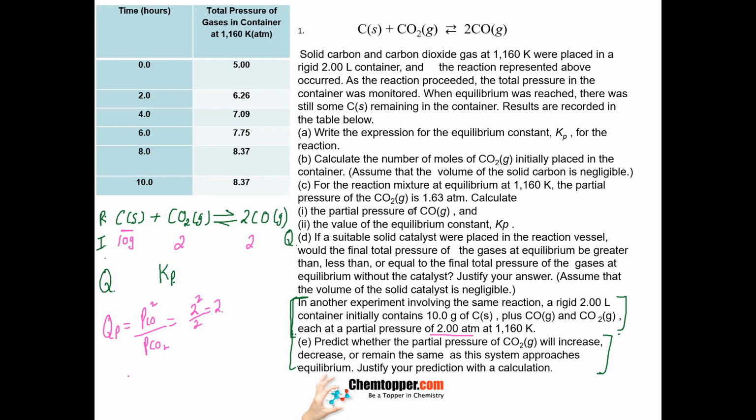What was the Kp we calculated here? I didn't calculate. Do you remember the Kp, children? Kp is, I think, 6.74 squared over 1.63. Can you check this? How much is this?